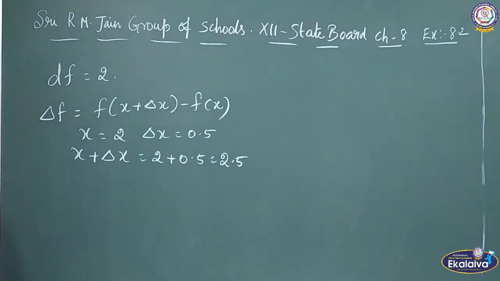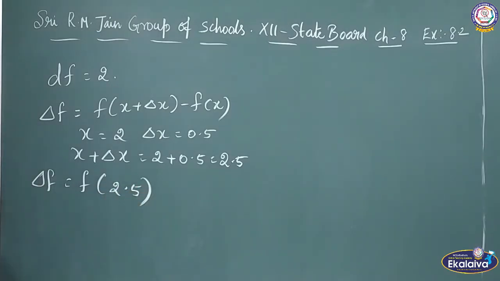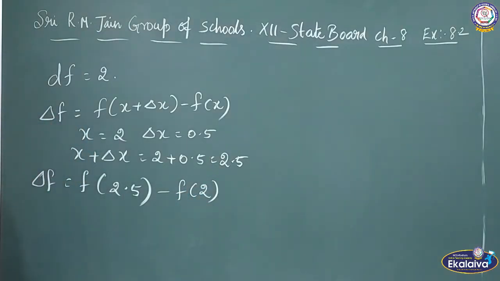So delta f equal to f of 2.5 minus f of 2. You substitute in f.